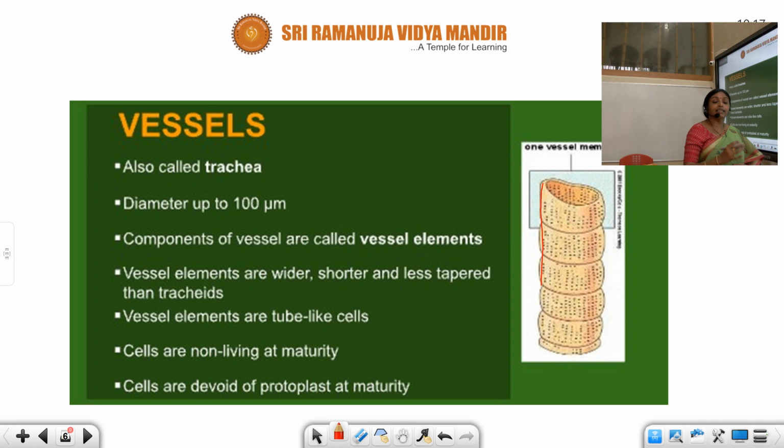So let's see what a vessel is. Another name for vessel is trachea, and its diameter is up to 100 mm.